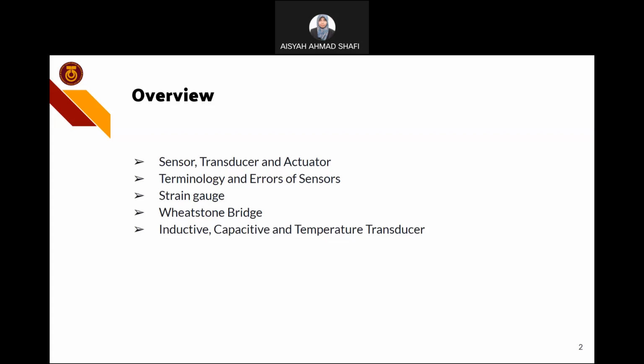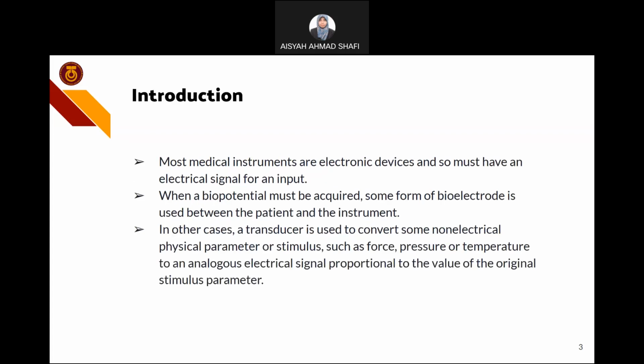And you will also learn the terminology and errors of the sensor, strain gauge, Wheatstone bridge, inductive, capacitive, and temperature transducer.